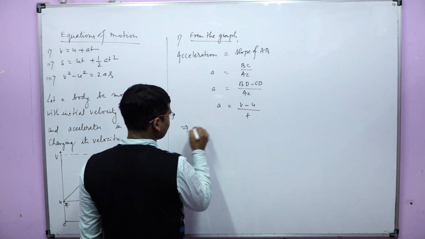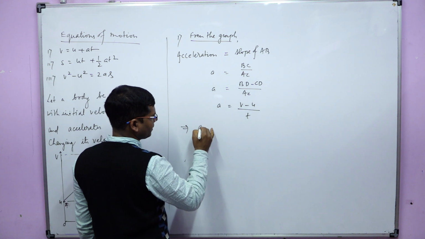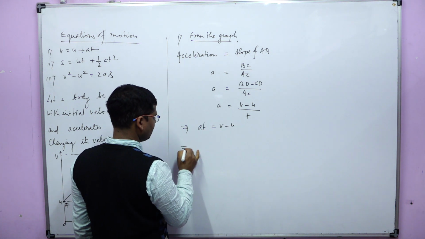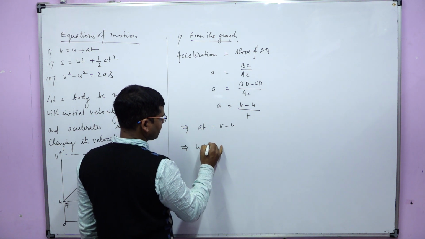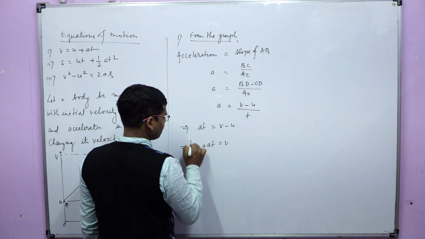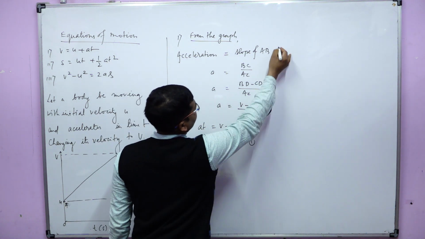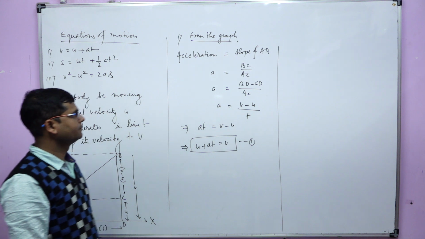Now cross multiply: at is equal to v minus u, or you may write u plus at is equal to v. This is the first equation which we have derived.